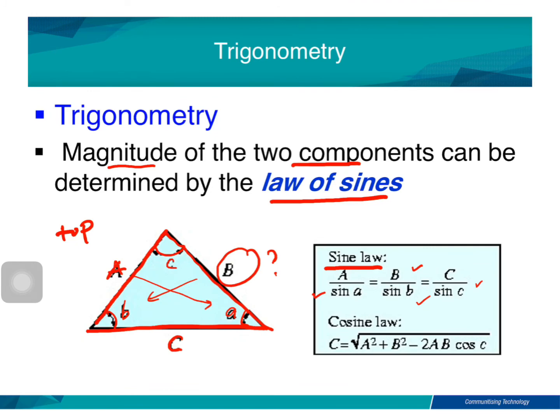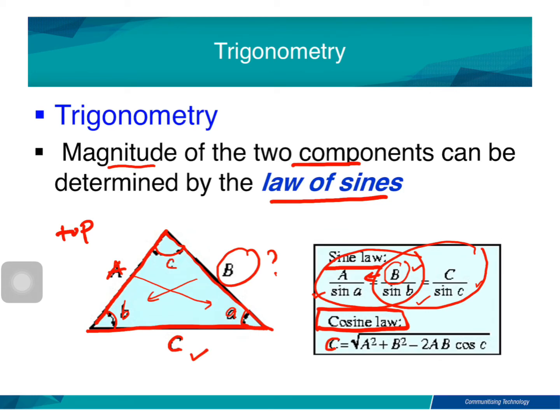To determine this B, you can equate either A with B, or use this other pair. You can choose whichever sides you want. But if you want to determine the magnitude by using the cosine law, you need to bear in mind that this C represents the resultant.